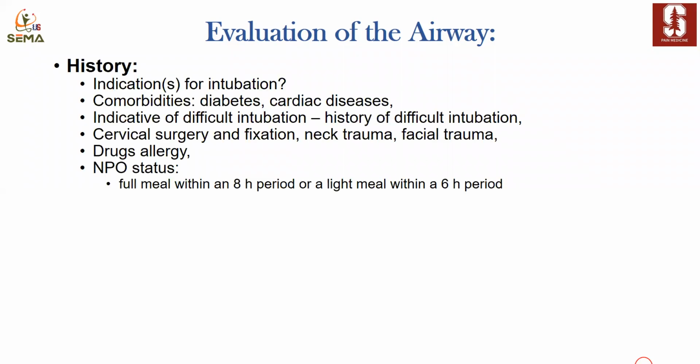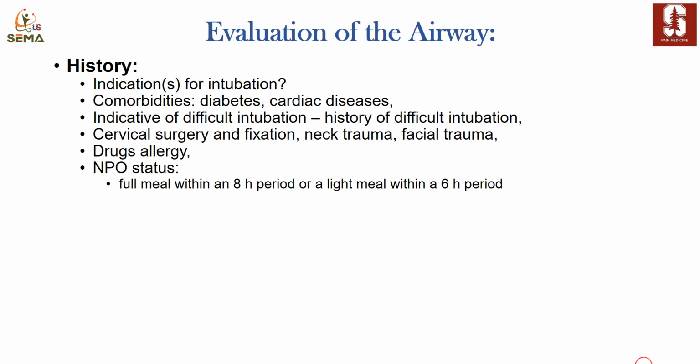So what do you need to know? What are the important things you need to think about and make sure you cover while you are seeing the patient? Of course, let's start with history. First of all, you need to know the indication for intubation, especially if you are going to do an emergent intubation. Is it because you want to protect the airway because of bleeding, upper GI bleeding, low GCS score, patient seizing, or is there a fracture?